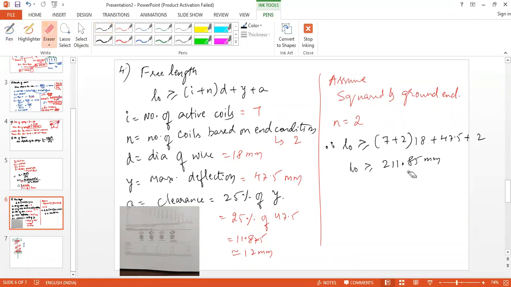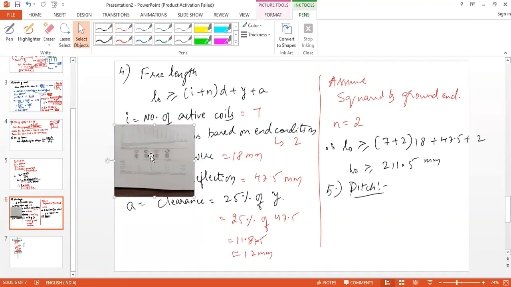Sorry, 211.5. So this is L0. And what is pitch? Sir, that is 12? Or the pitch again, 47.5 plus 12. Then it will be 221.5.